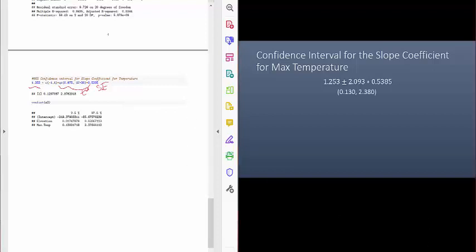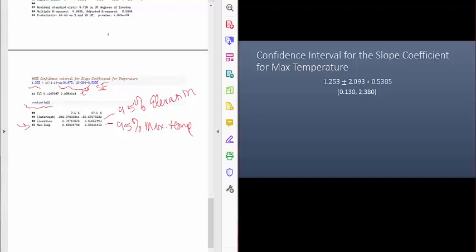Or we could also use this code confint for our model, and that shows us our 95% confidence interval for our slope coefficient for max temp. And we can also see the 95% confidence interval for the slope coefficient for elevation.